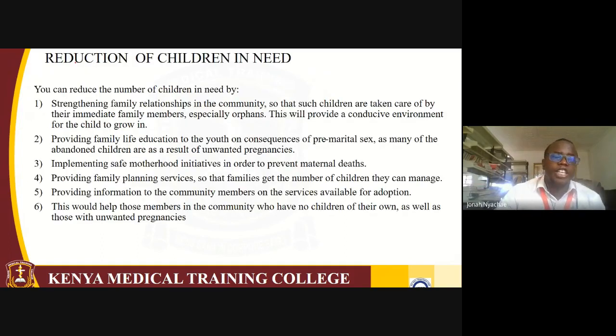So how then do we reduce these children in need? We may not be able to eliminate them, but we can reduce them.